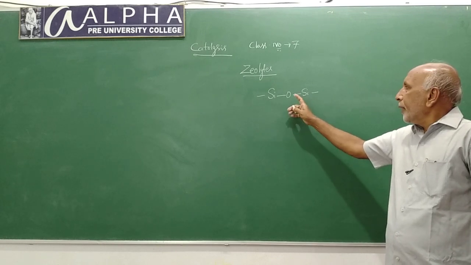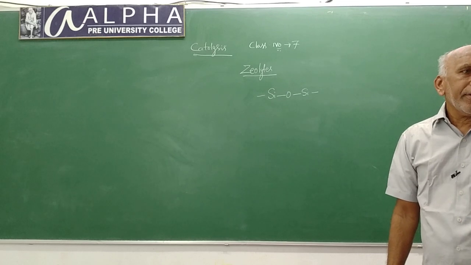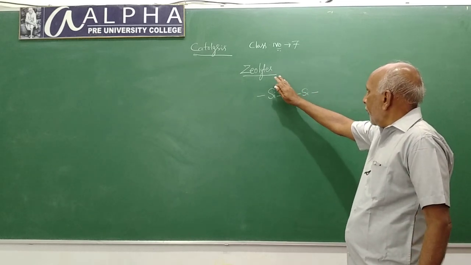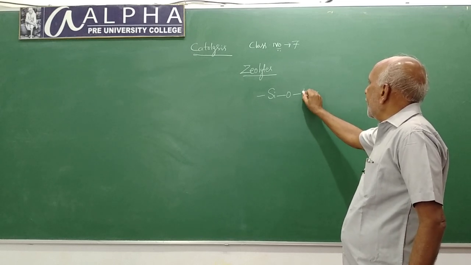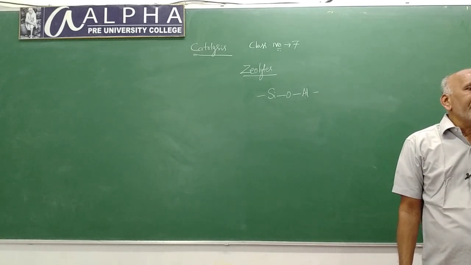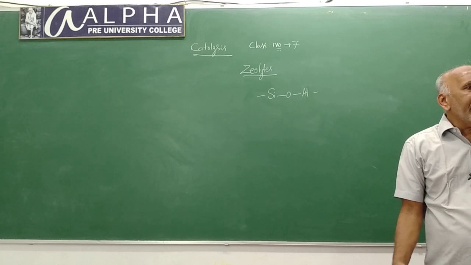There will be a type of network like this in silicates, Si-O-Si. So in silicate, to form zeolite, some silicon atoms are replaced by aluminium. So aluminium silicates are often known as zeolites.